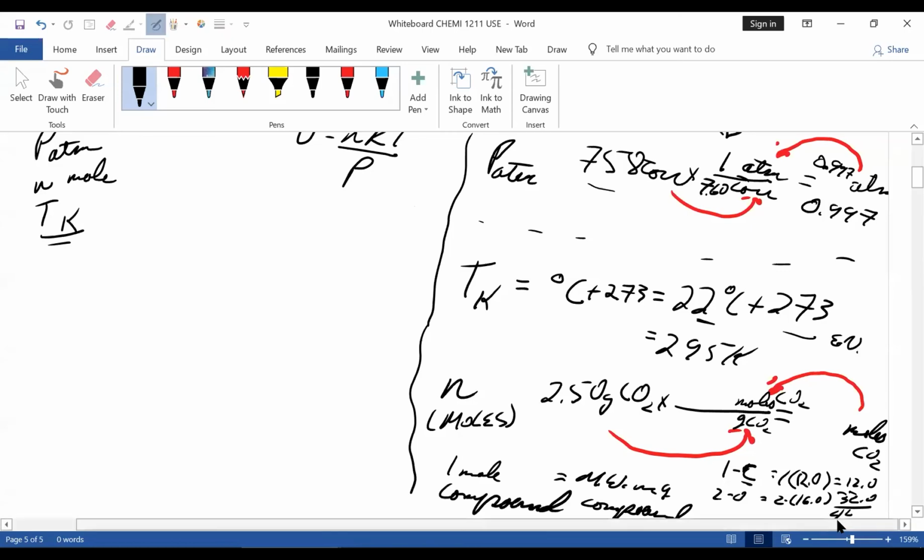Add it up, and you get 44.0. Both of these have 1 past the decimal. When you add, you have the same number of significant figures past the decimal as the number you're adding that has the fewest significant figures past the decimal. In both cases, it's 1. That's why I get 44.0.